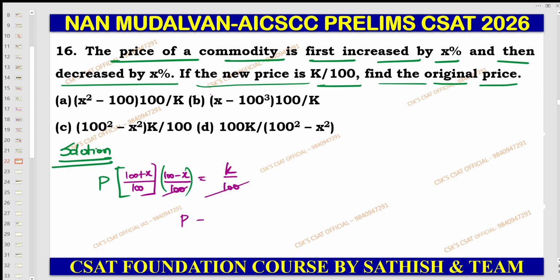Cross multiply. P is equal to K into 100. This option is eliminated because the denominator contains K here; the numerator does not have K. Now this comes in the denominator as a plus b, a minus b format, so 100 squared minus x squared. So D is the correct answer. Guys, understood?